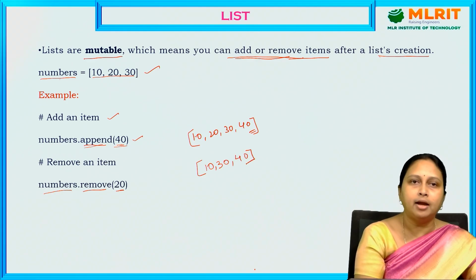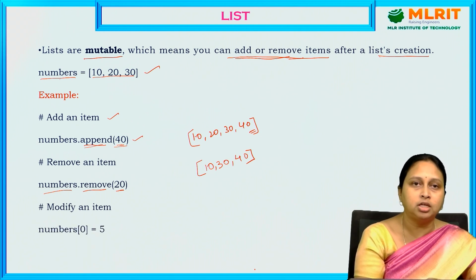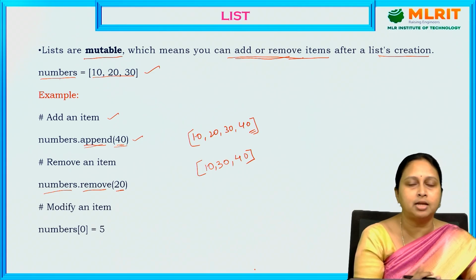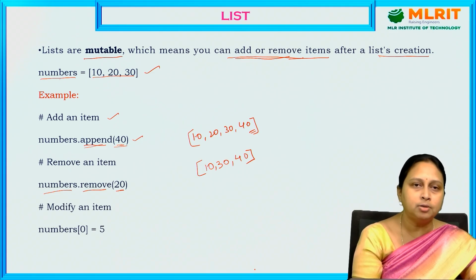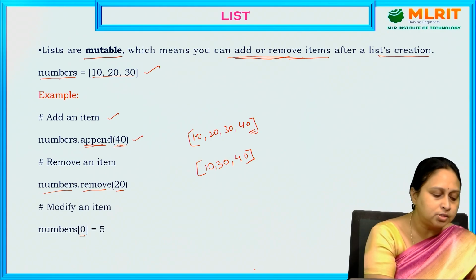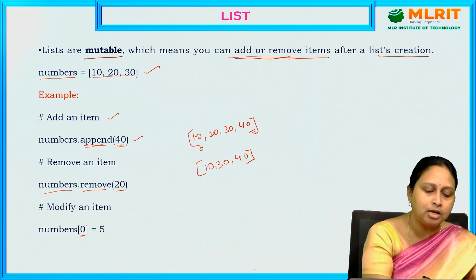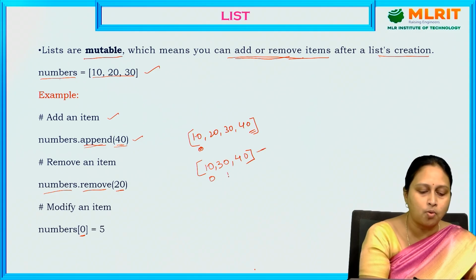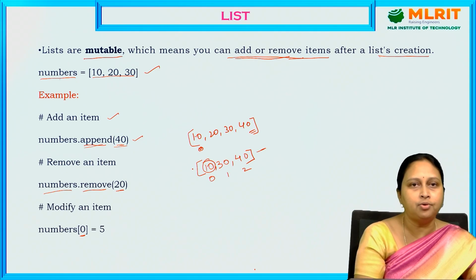And then, modify an item. Suppose I want to change the given item into a new item, I want to replace an item with a new one. In that particular case, numbers of 0. After removing, the list we have is indexed 0, 1, 2. Now in numbers of 0, what is the element we have? 10.